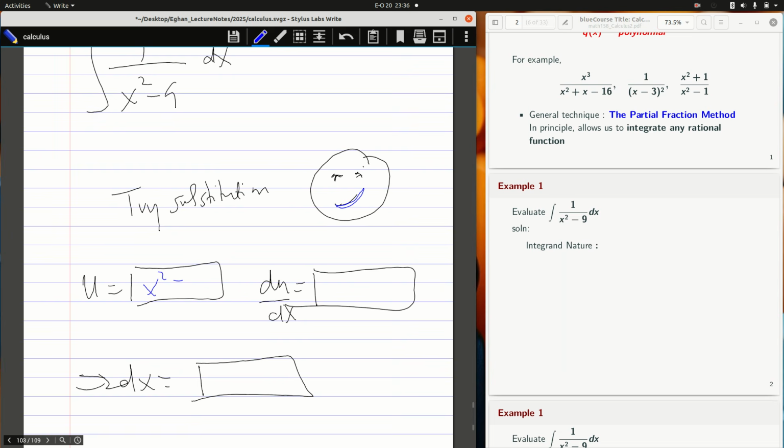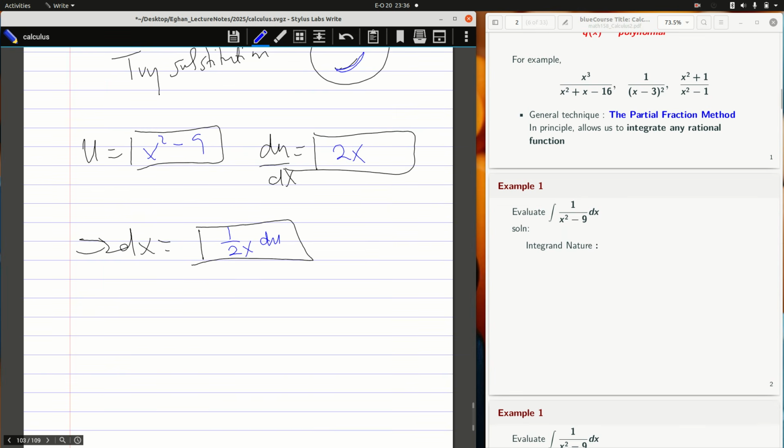This means my du/dx is 2x, which implies my dx is 1 over 2x du. So we do our substitution now. Integral 1 over x squared minus 9 gives me integral 1 over u times 1 over 2x du. You realize there's something wrong here.